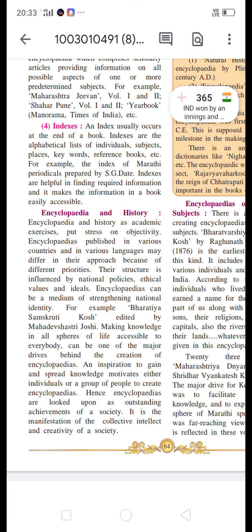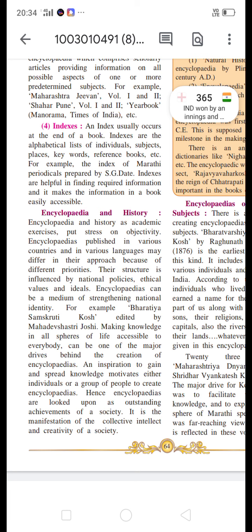For example, Bharatiya Sanskriti Kosh, edited by Mahadev Shastri Joshi, making knowledge in all spheres of life accessible to everybody, can be one of the major drives behind the creation of an encyclopedia. You have to keep in mind Bharatiya Sanskriti Kosh, edited by Mahadev Shastri Joshi.